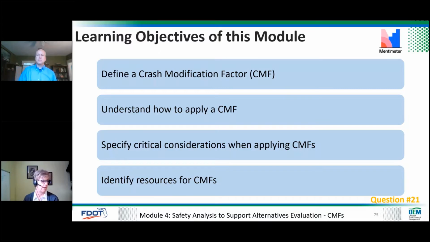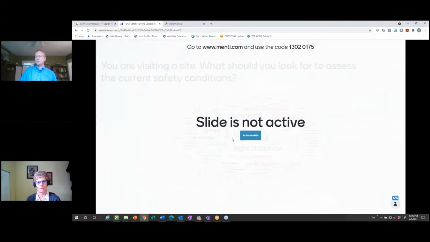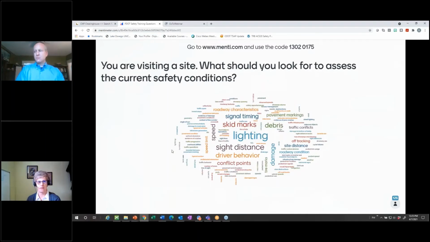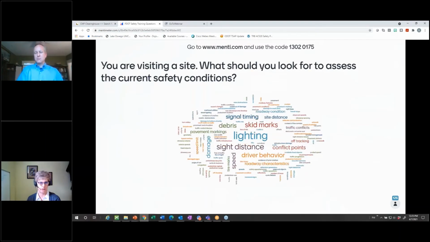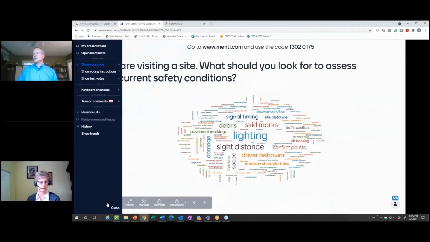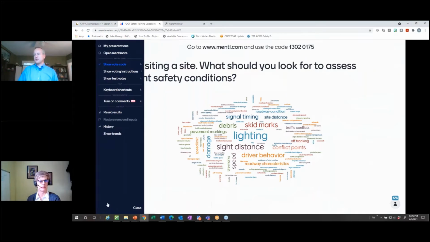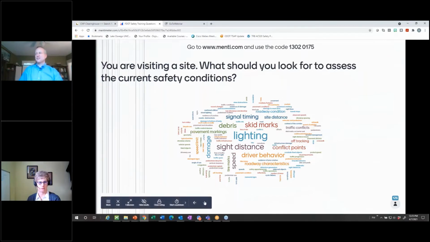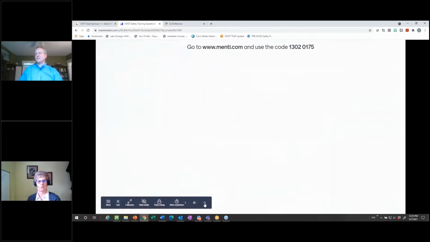And there is a Mentimeter, and I'm betting you, let's see, I need to get to the most recent. What slide number are we on, Rob? I am not at the most recent. We're on 21.